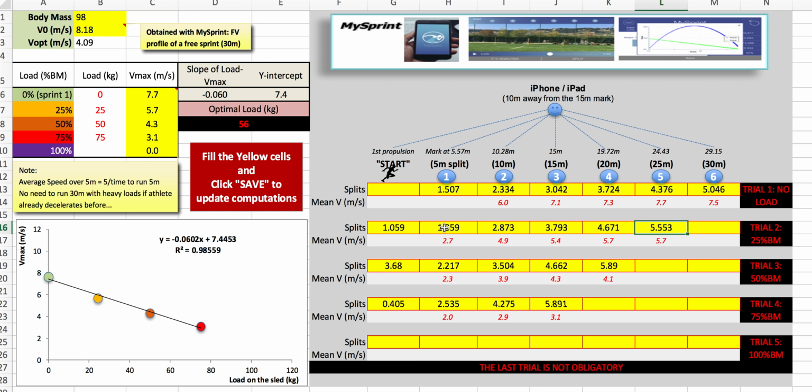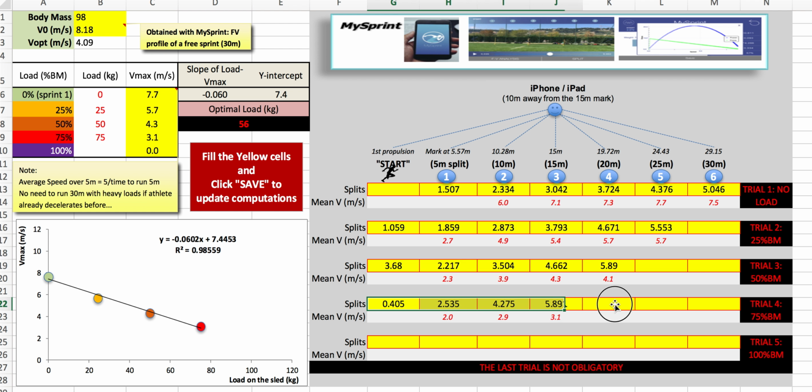All right. So what do you see here? You see the split times until 50 meters, but then until only 20 and then until only 15 meters. Why is it so? Simply because due to the high load, the athlete decelerated, so we stopped testing after the split here.